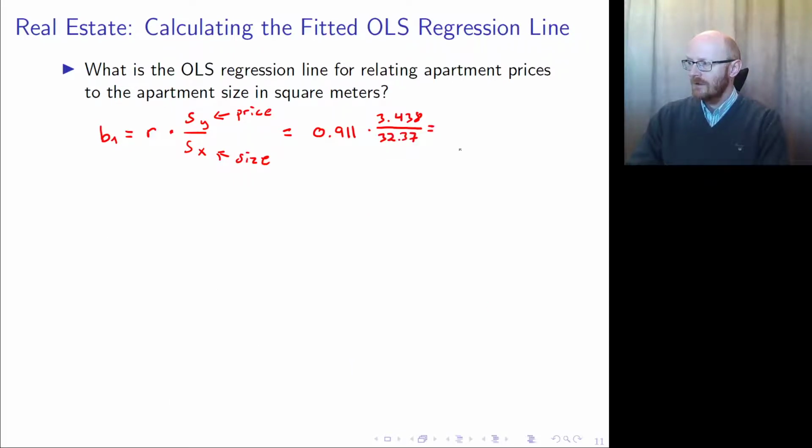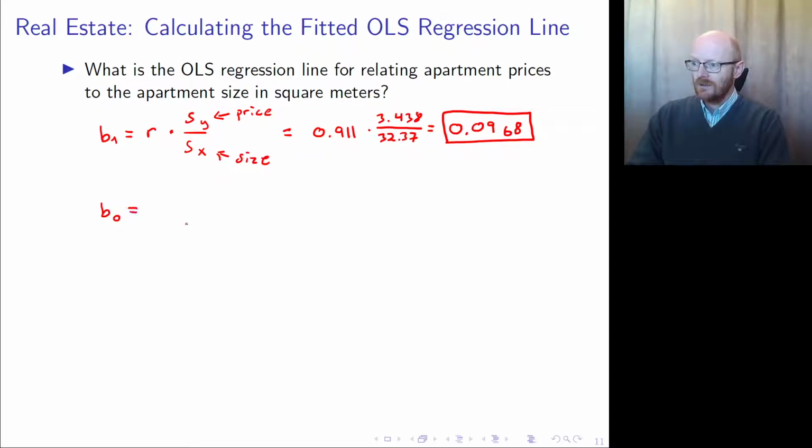So this means that we get a slope of 0.0968. That's how we find the slope.